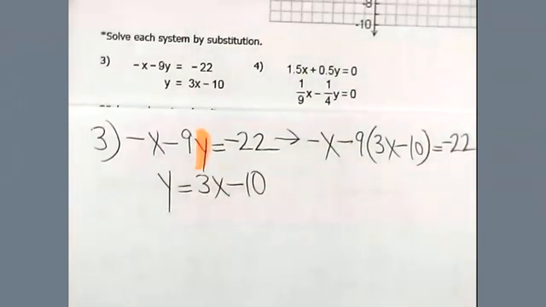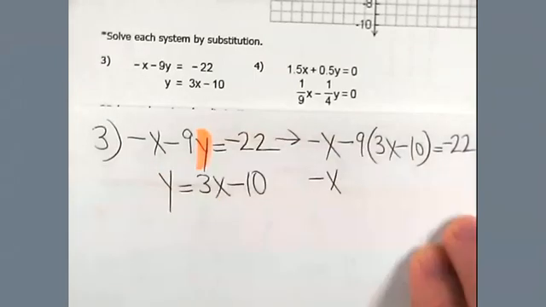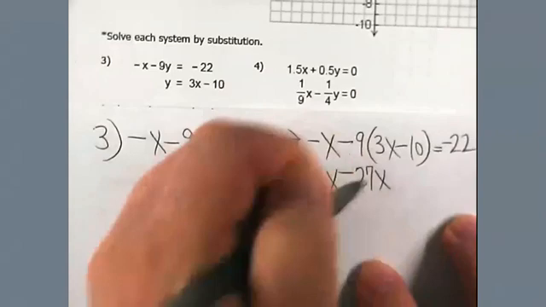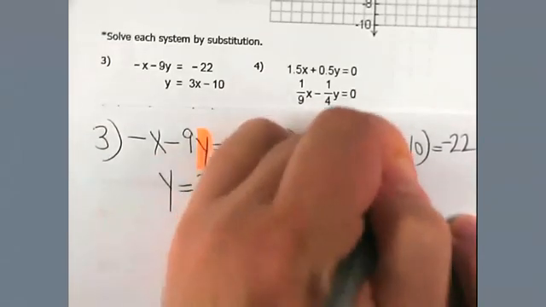And at this point, we just have to solve for x. So when we distribute the negative 9, negative 9 times 3x is negative 27x. And negative 9 times negative 10 gives you a positive 90.